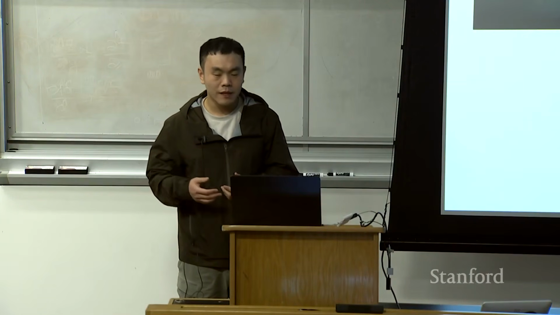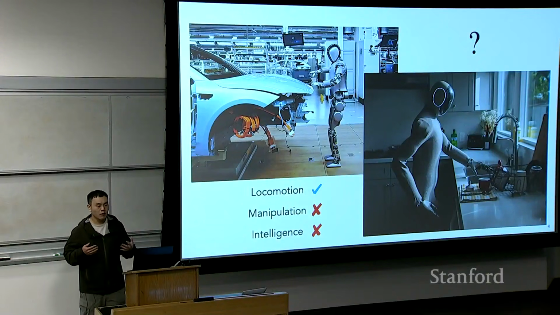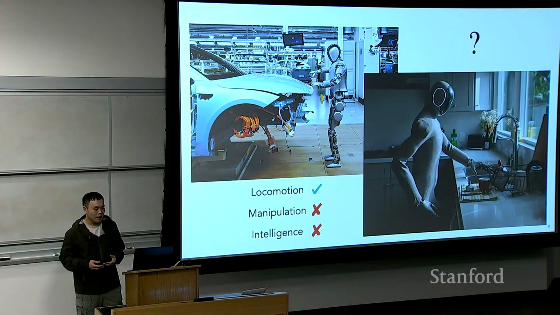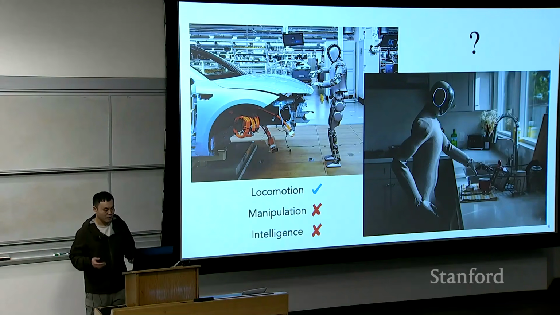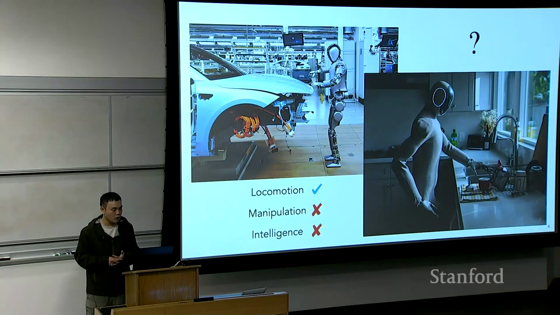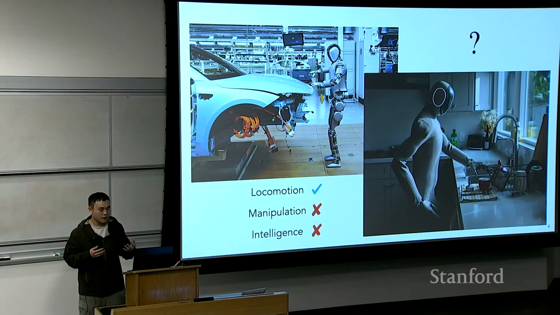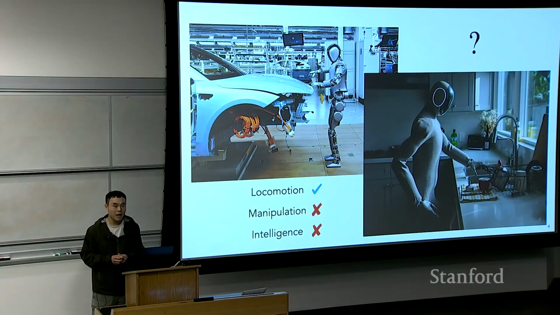At the end of the day, we want humanoids that can follow human instructions, reason about what needs to be done, and then perform the work with some mobility and some manipulation capabilities. From today's perspective, it's still quite hard to combine locomotion with manipulation, and it's even harder to incorporate intelligence into those loco-manipulation pipelines.